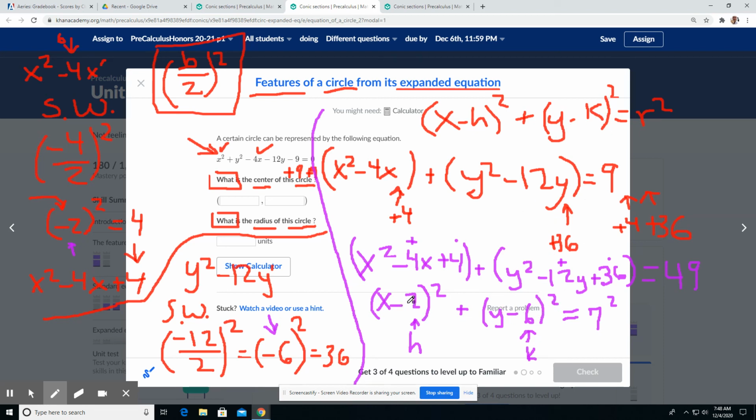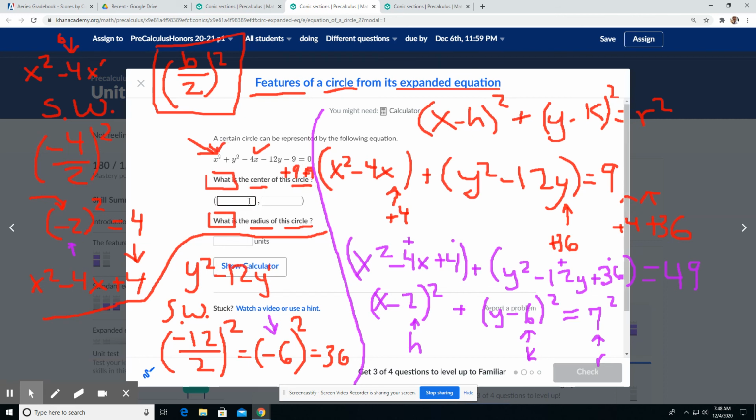I like to think of it as the opposite of negative 2, positive 2, the opposite of negative 6, positive 6. And then our r is 7. Okay, let's just go ahead and fill it in on our answer. So our center, the x component on our center is 2. The y component on our center is 6. And the radius of the circle is 7.